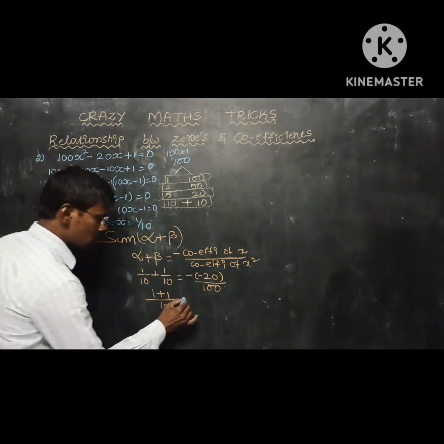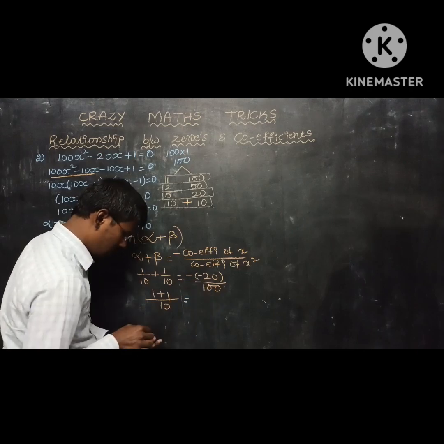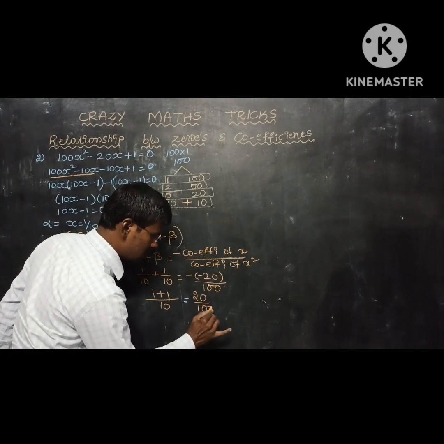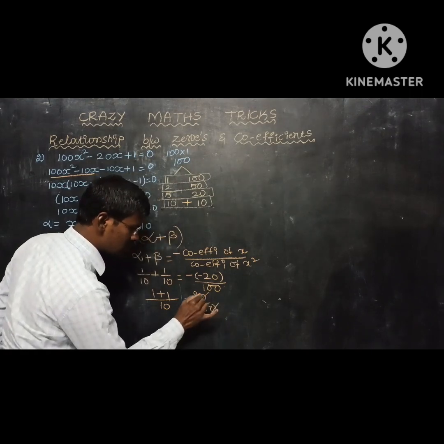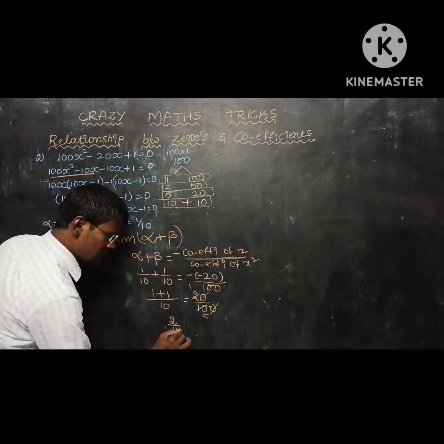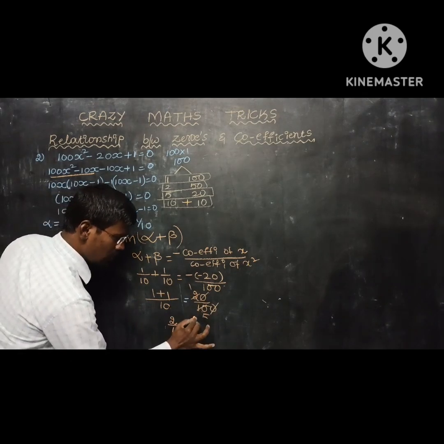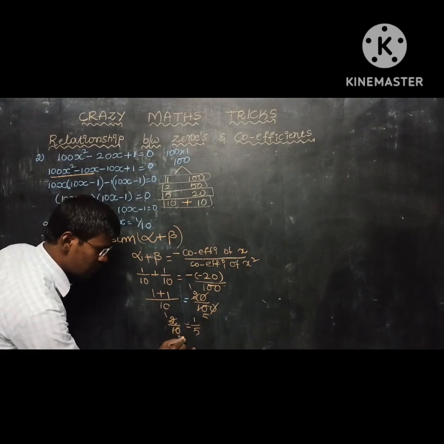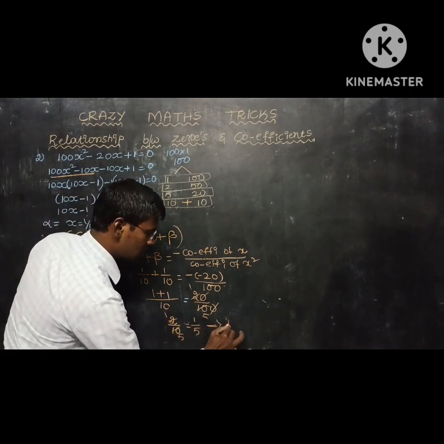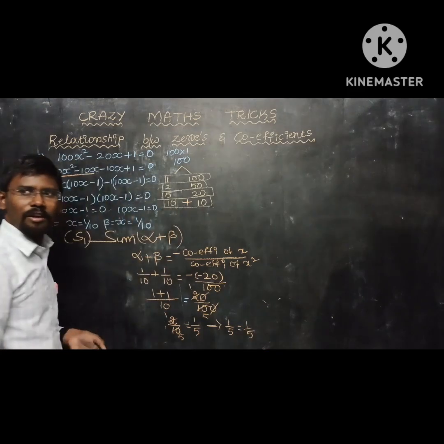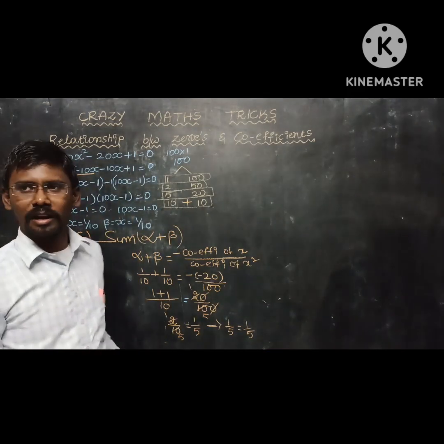Is equal to minus into minus will become plus 20 by 100. Let's see, 0 0 cancel, 2 1s are 2, 2 5s are 10. It can be written as 2 by 10 is equal to 1 by 5. So we got here 1 by 5 is equal to 1 by 5. So we verified the relationship for the sum condition.